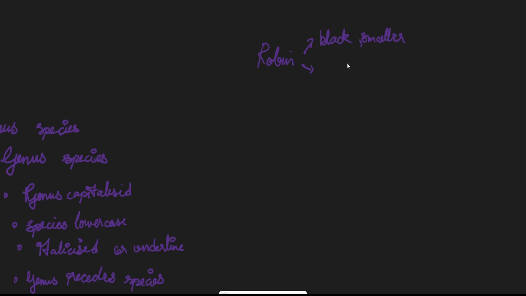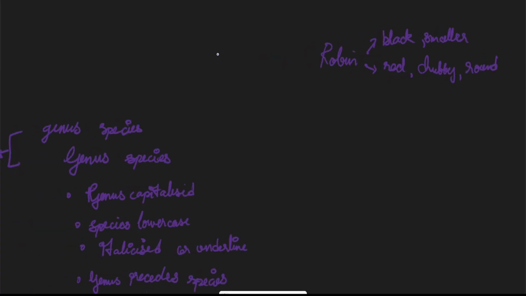In Britain, they have the classic red breast, and they're more chubby, more round. So if an Indian scientist is talking to a British scientist about robins, they might picture two very different birds. So the scientific name helps clear that.